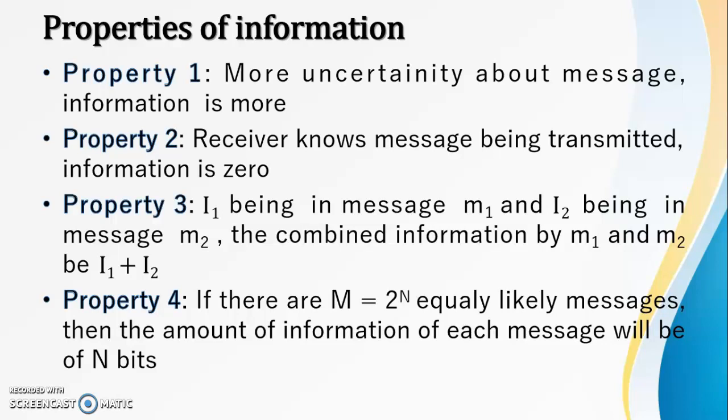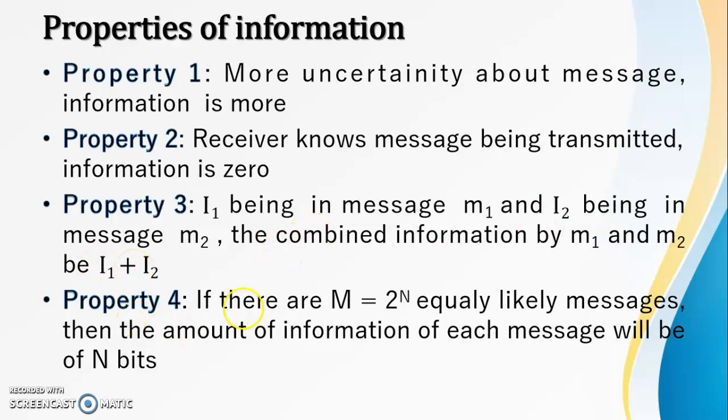Third one is, if I1 is the information of message M1 and I2 is the information of message M2, then combined information carried by M1 and M2 is I1 plus I2.